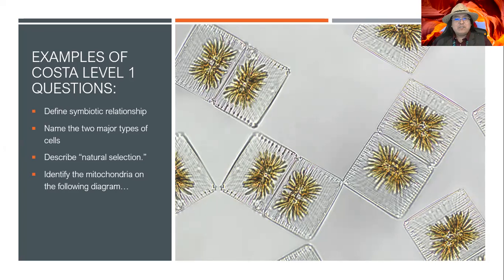So it could just be a diagram and the student will have to find it, or find me a lysosome, or identify the cell wall or cell membrane. These are just simple ways of engaging our students.